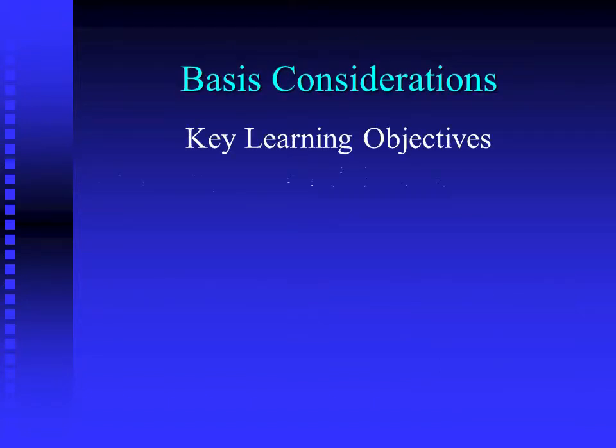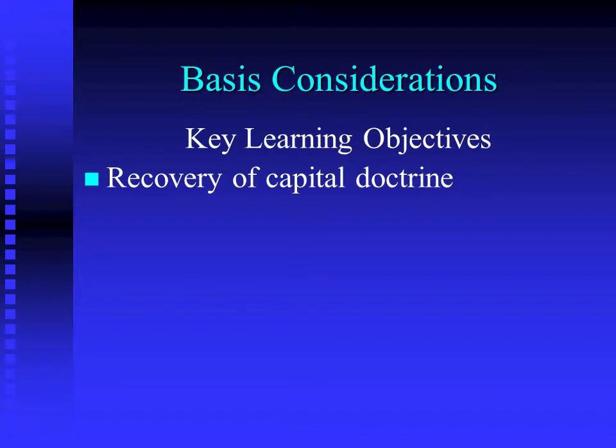So I don't remember if I have used the term recovery of capital doctrine before, but I'm going to use it a lot here. When you buy property for the purpose of making money, and you subsequently dispose of that property, you have the right to recover what you spent before you have any gain or loss.